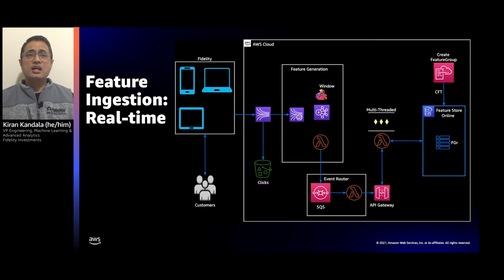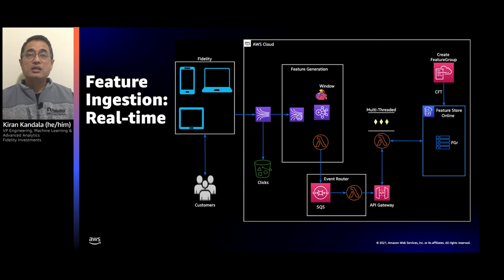These features are then published to SQS as events. Lambda reads those events and then updates the feature store with a real-time feature group, referred to as FGR. Also, one of the things I would like to call out is that we pre-set up the online real-time feature group.